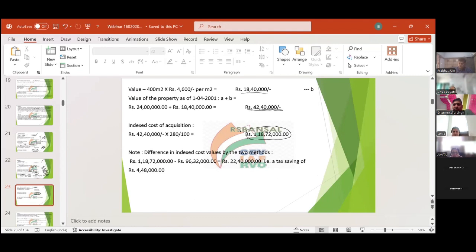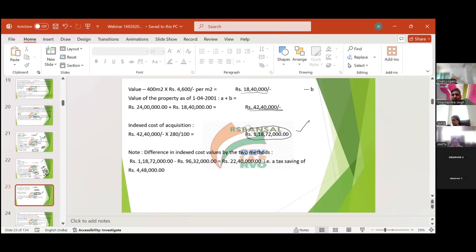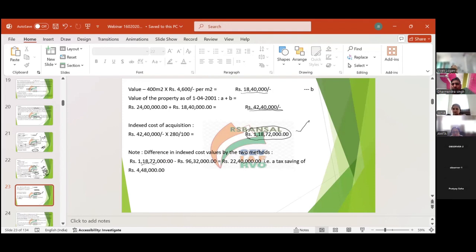See here, if you apply sinking fund depreciation, the value comes out to be 1,18,72,000, and if you apply the straight line method of depreciation, it comes out to be 96,32,000.